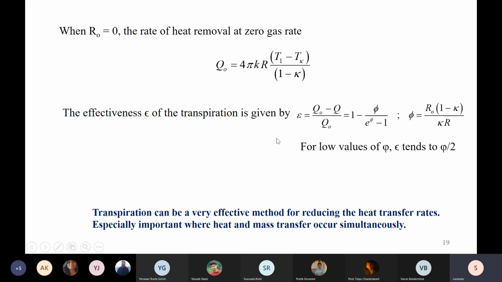So this tells us that transpiration can be a truly efficient method by which you can reduce the heat to be removed by the refrigeration system by creating a small amount of convection. So conduction and convection in the same direction, conduction and convection in the reverse direction, they can alter the amount of heat flow, the direction of heat flow.